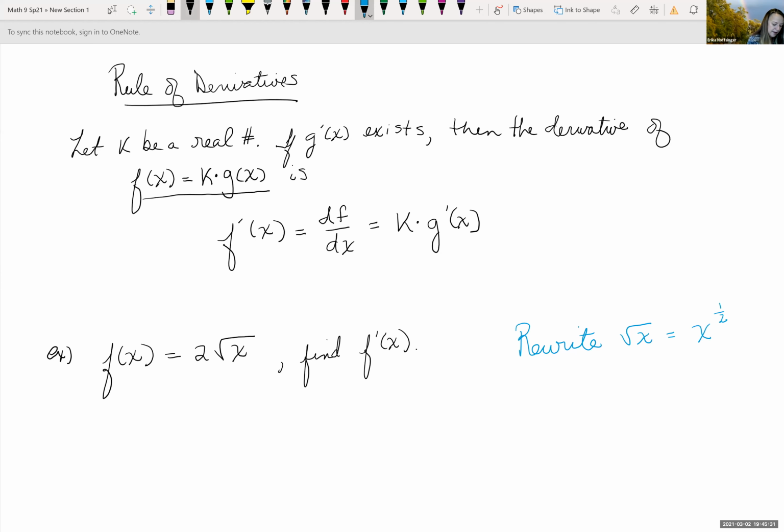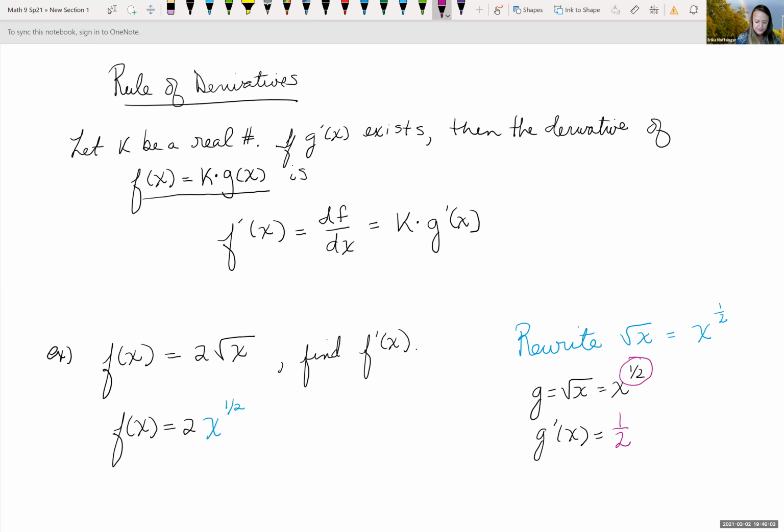So let's rewrite that. We can rewrite f of x as 2 times x raised to the 1/2 power. So technically, if I'm thinking of g of x equal to the square root of x, which is equal to x to the 1/2, and I look at the derivative of that, power rule: we bring our power down front, so bring 1/2 down front, x, and we're going to subtract 1 from our exponent.